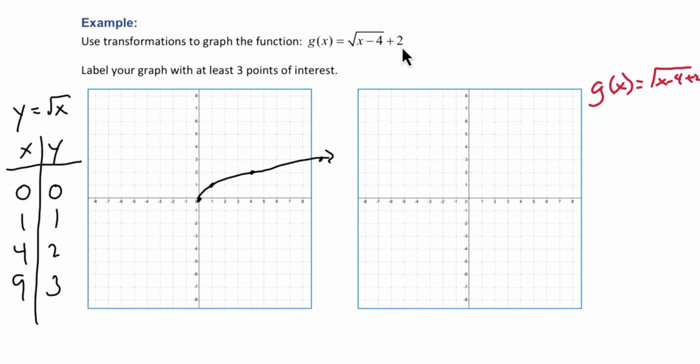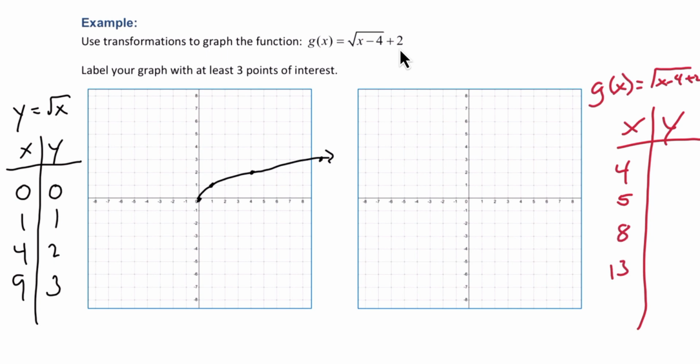The y values make sense. We're going to add 2 to the y values. So again, on the x's, we're going to add 4 to each of the x values. And on the y values, we will add 2.